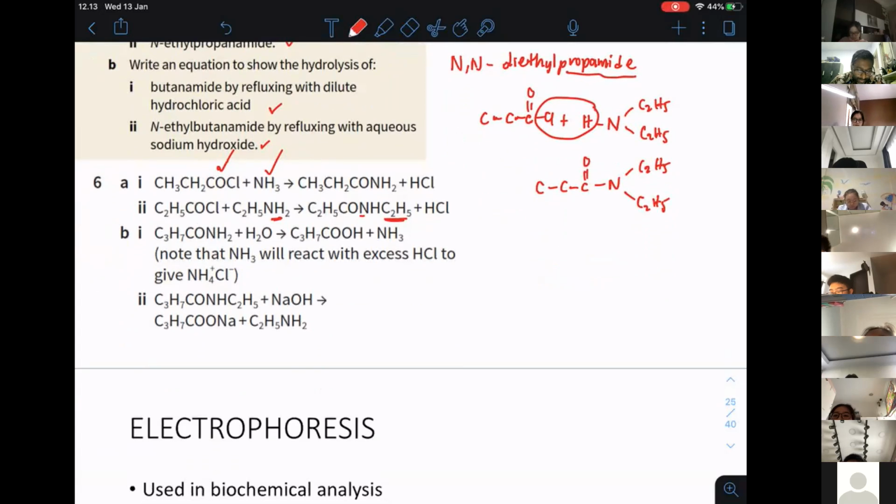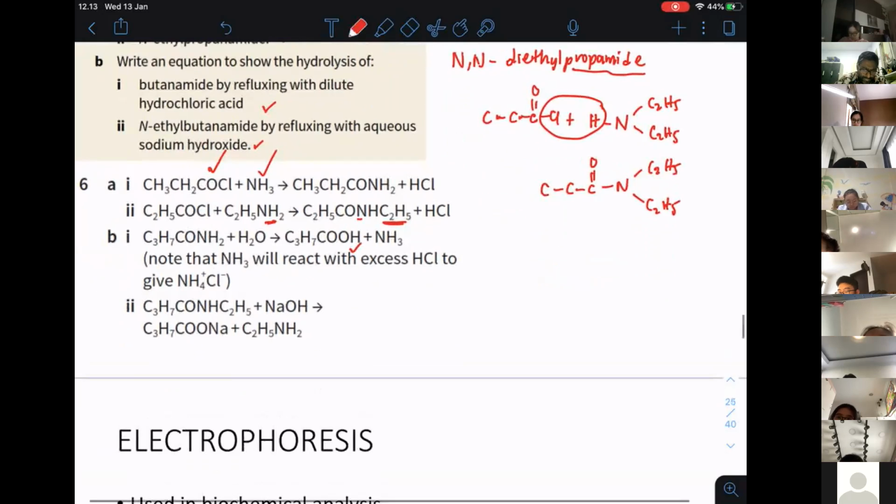So they wrote carboxylic acid, and in this particular case, it's going to give you ammonia. And then if you have excess hydrochloric acid, then the NH3 will react with the excess HCl to give you NH4Cl.